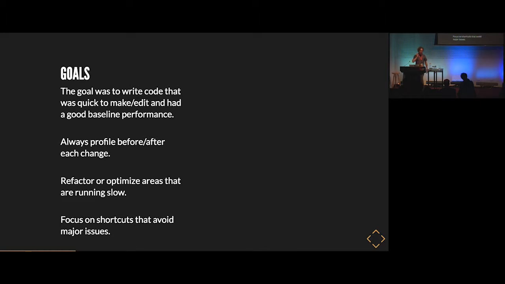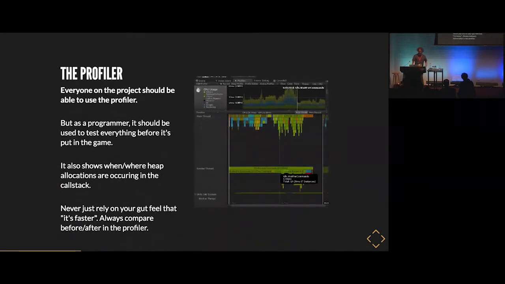You profile everything before and after you make a change and figure out how much you lost and what happened. And then refactor areas that are running slow. Like optimize the stuff you need to optimize, but don't just go optimizing willy-nilly. Find an area that's a problem and work on that. And then focus on shortcuts rather than trying to solve your way through major issues, which wasn't always available.